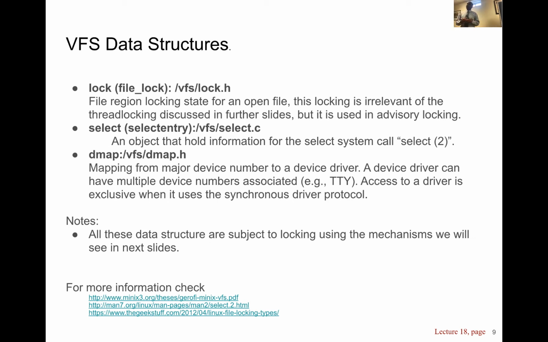Now, I should mention that because the VFS process is concurrent, it has multiple threads, many of these objects will need locking, but the type of locking that is used will vary from object to object based on how threads actually access them. Okay. And at the bottom of the slides are several pointers where some more information about these data structures is available, and the best place of course is to go to the Minix source tree and then look at some of these files to understand these data structures better.